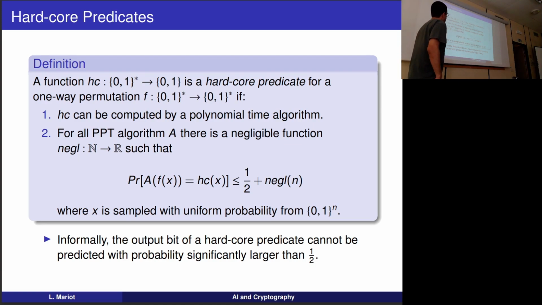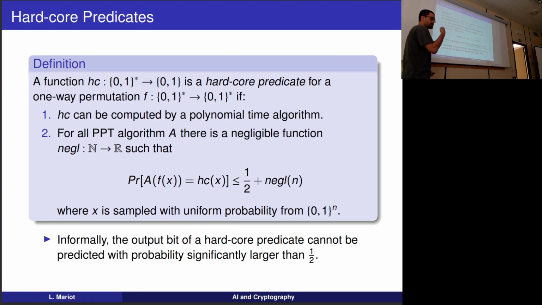And then the idea is that an adversary is not able to predict the value of this Boolean function HC, this hardcore predicate, with a probability that is significantly larger than 1/2. So it means that the probability that any PPT algorithm, probabilistic polynomial time algorithm A, is able to predict the correct value of the hardcore predicate will be smaller than or equal to 1/2 plus a negligible function of n, where n is the size of our input, where the input is sampled with uniform probability.